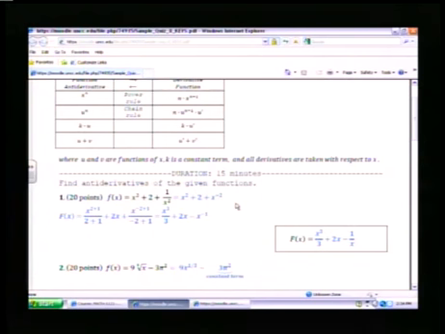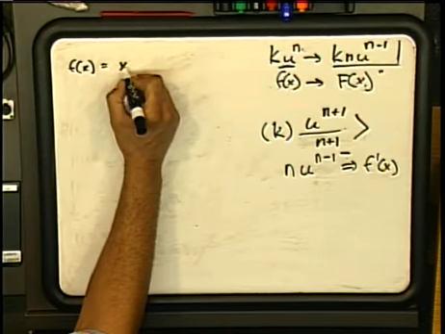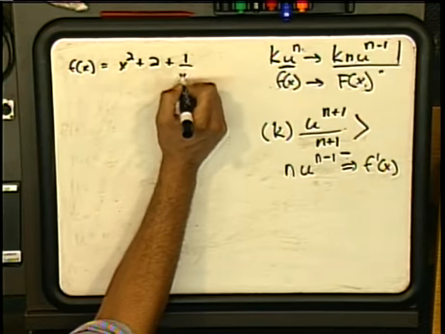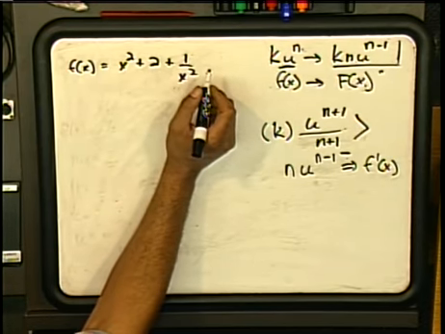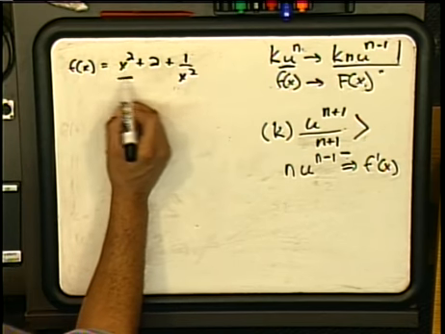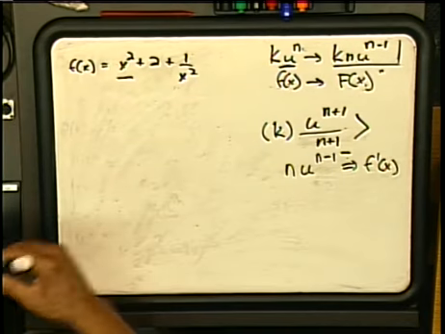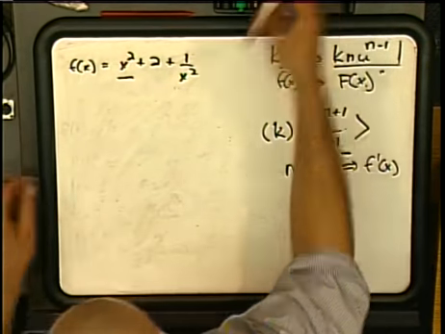Okay, number 1 says f of x equals x squared plus 2 plus 1 over x squared. Okay, I'm going to start with the x squared. It's going to be red.